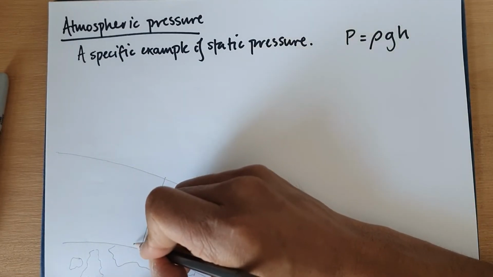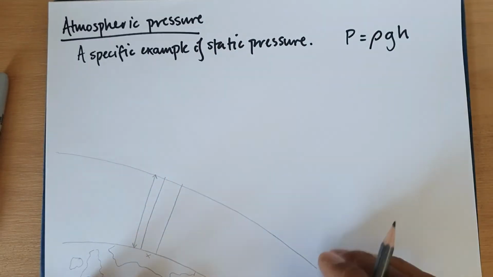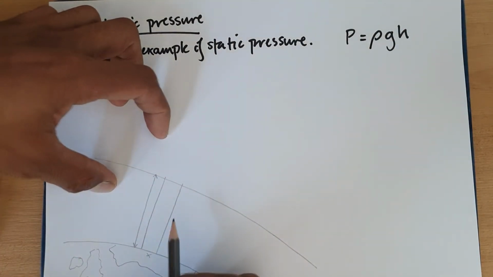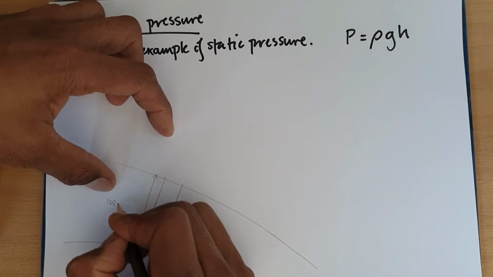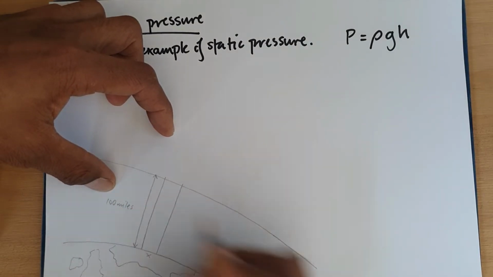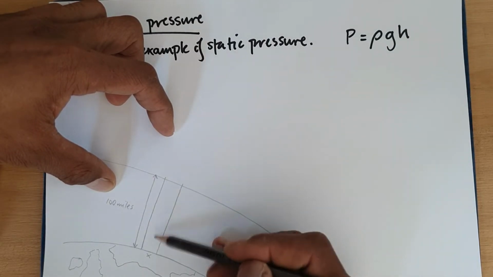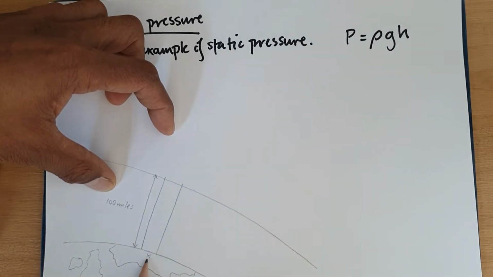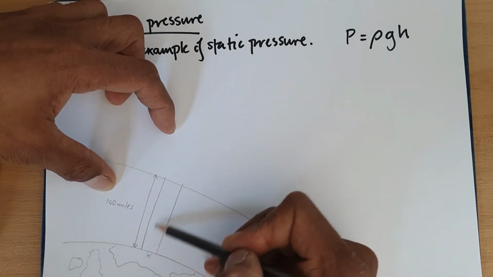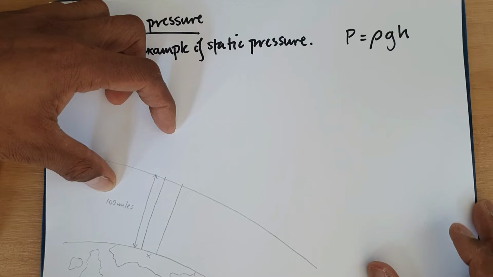And the atmosphere is relatively deep, at least compared to the kind of altitudes that we talk about on the surface of the Earth. It's about 100 miles thick. And so what you've got to imagine is that when you're standing outside or anywhere on the surface of the Earth, let's say you're at X, you've got 100 miles of air above you, the weight of which is pushing down on you.